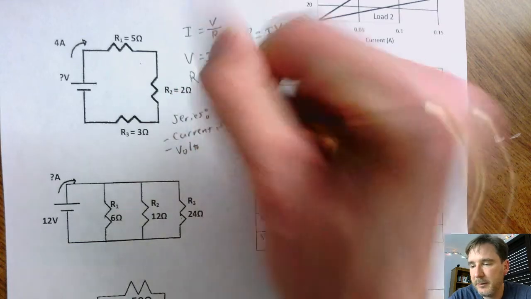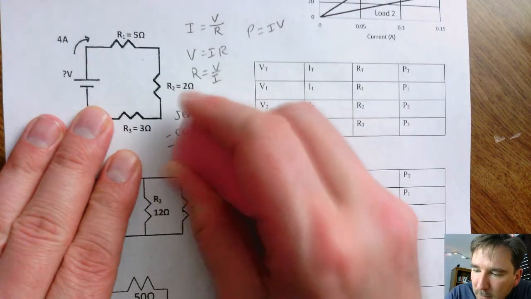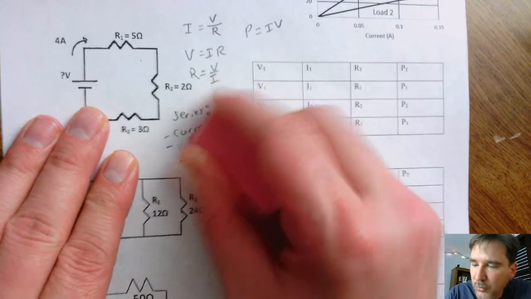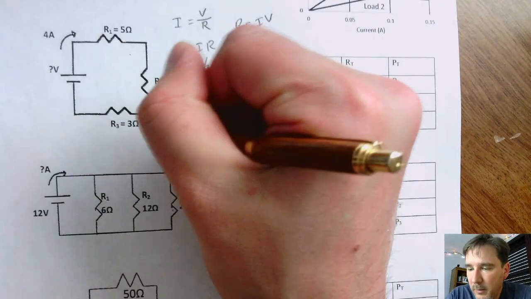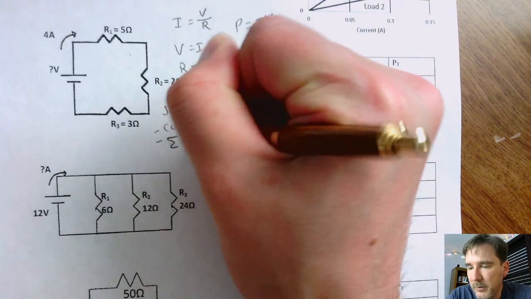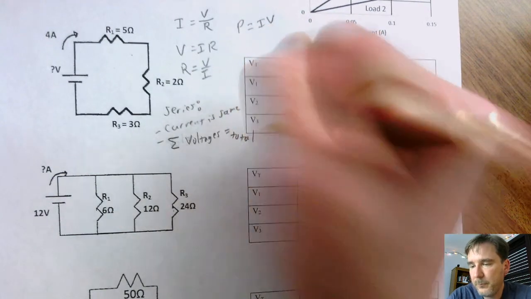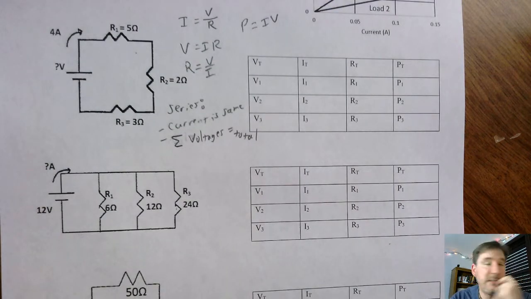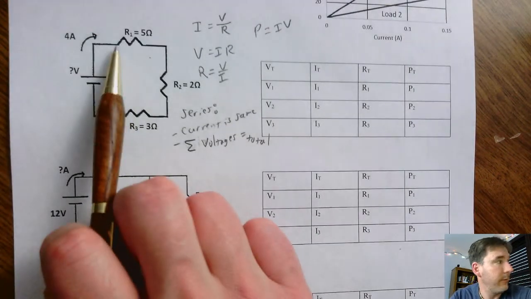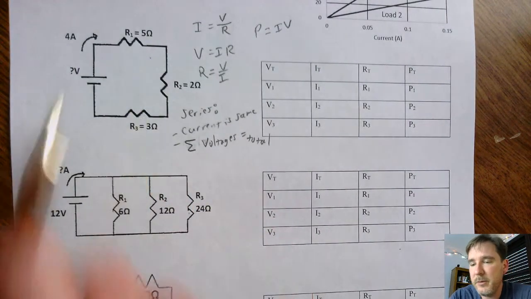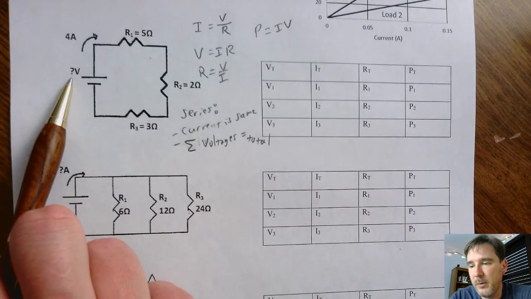I'm going to be fancy about it and write the sum of the voltages is equal to the total. So if you add up the voltage for this resistor and this resistor, it's going to add up to the total voltage, whatever that may be.